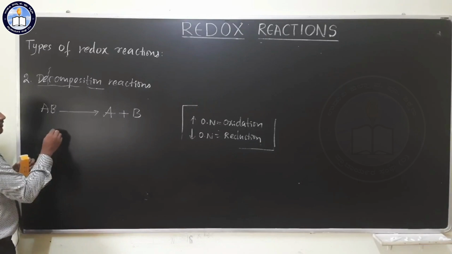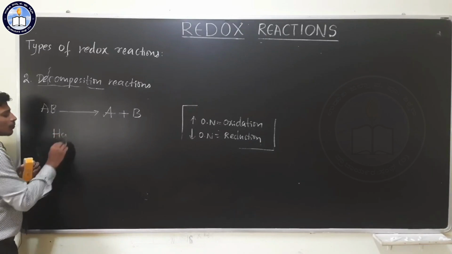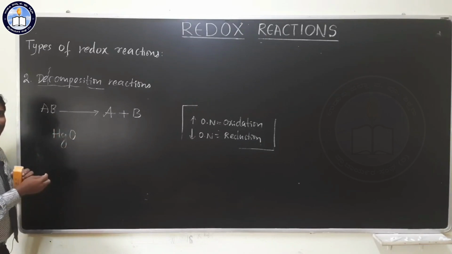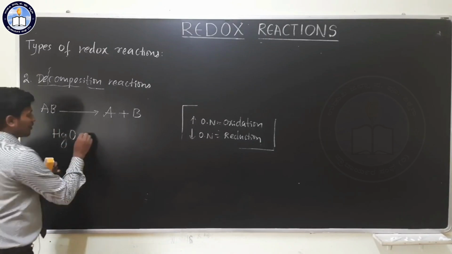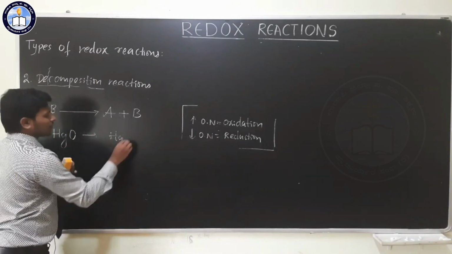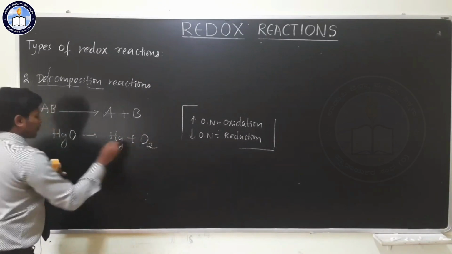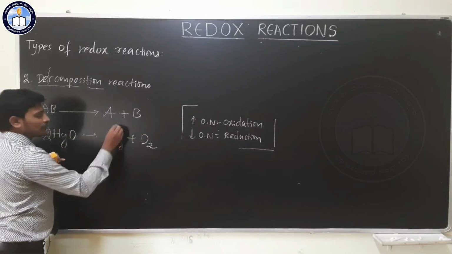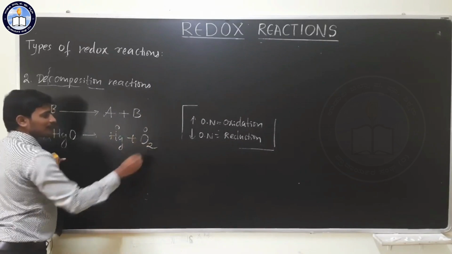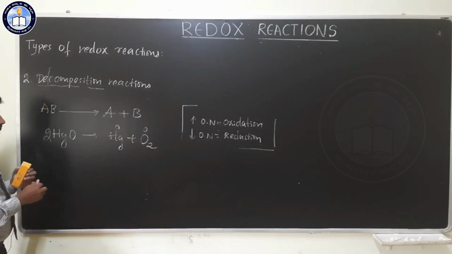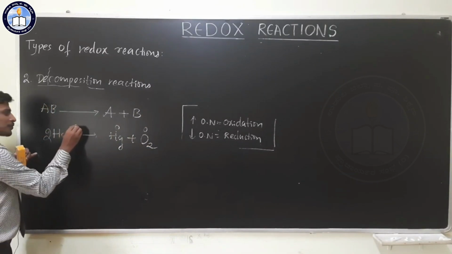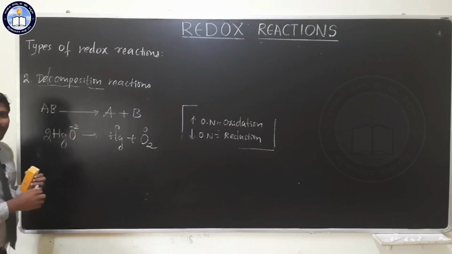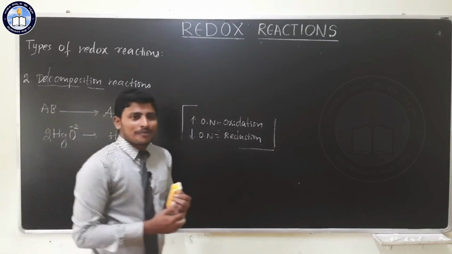What is the example for that? HgO. When you break this HgO, what are we getting? Hg plus O2. Balance here. Fine. Here Hg value 0, here 0 because it is in elementary state. Here -2, for oxygen it is known to be -2.